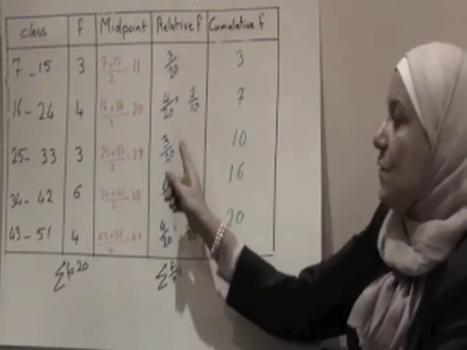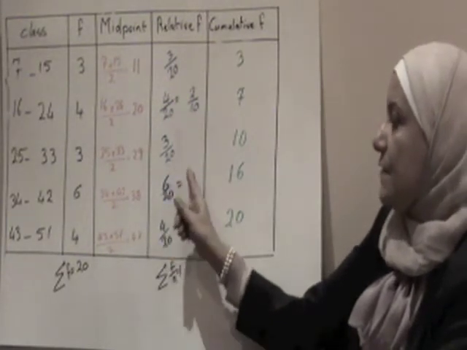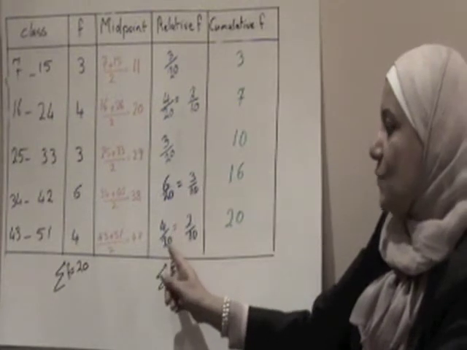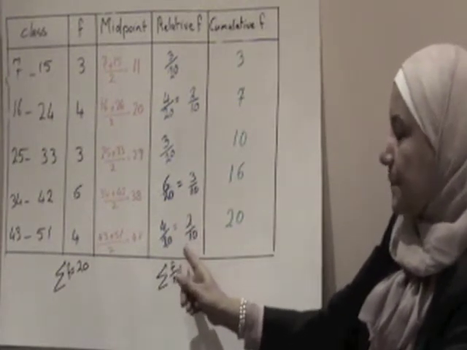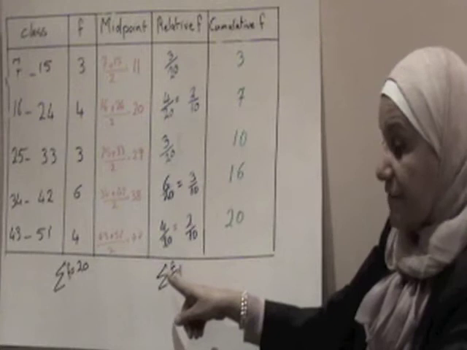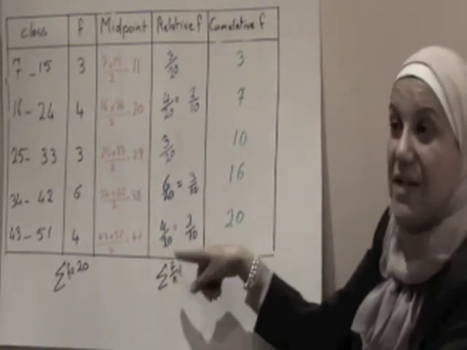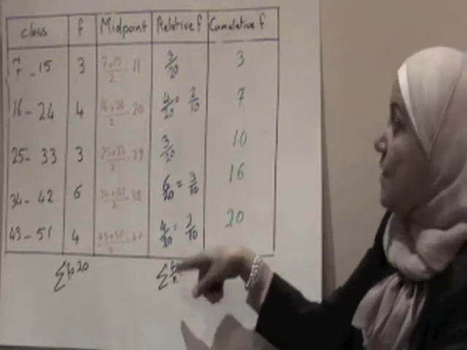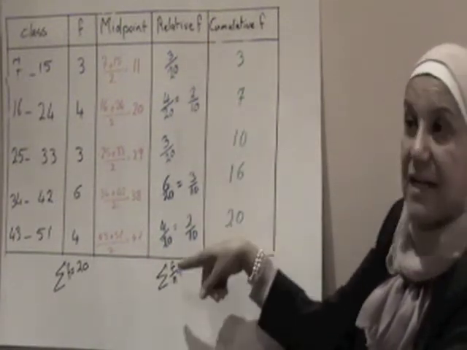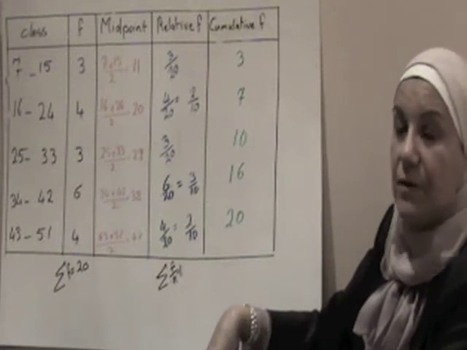For the third, 3 over 20. For the fourth, 6 over 20. And then for the last one, 4 over 20. The total relative frequency, f over n, is always 1. Remember, if your relative frequency does not add up to 1, you are doing something wrong.